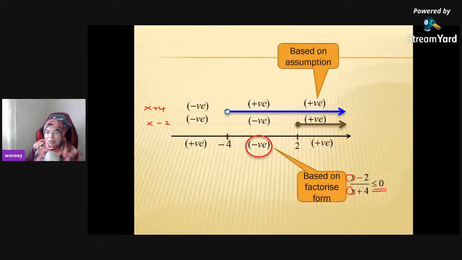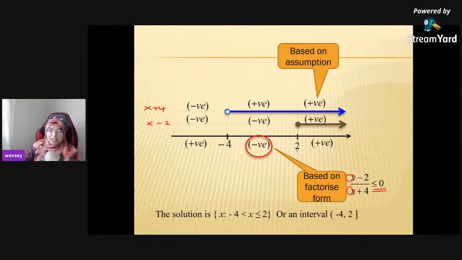So referring to here, in order to get some negative number, the x should be in between negative 4 up until 2. So that means your final answer is x in between -4 and 2. So do make sure some equal sign at 2 because this is a dense circle, or interval -4, 2. So this one must be a square bracket because we have the equal sign at 2.